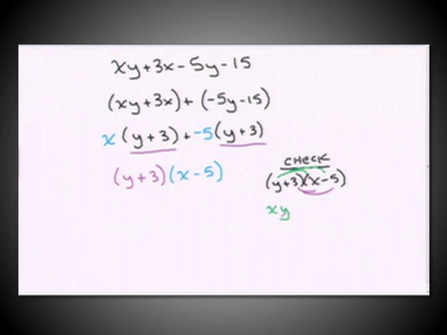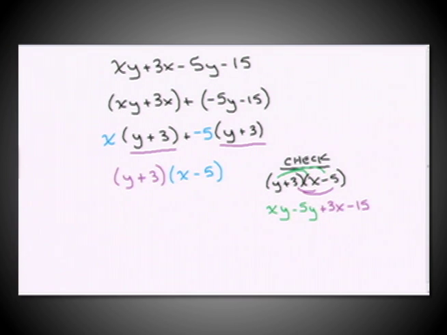And y times negative 5 yields negative 5y. Moving on to distributing the 3, we multiply 3 by x to get positive 3x, and 3 times negative 5 to give negative 15.